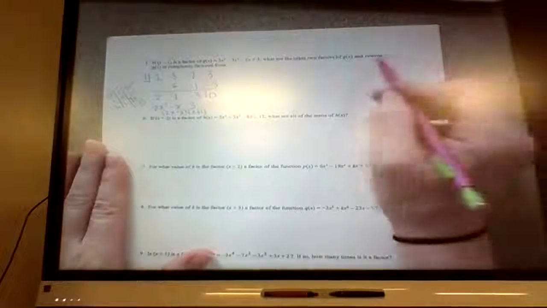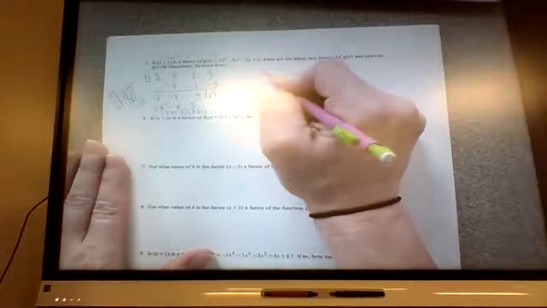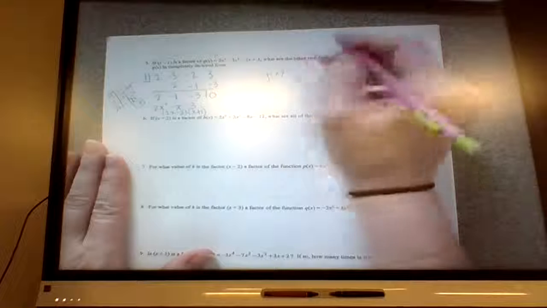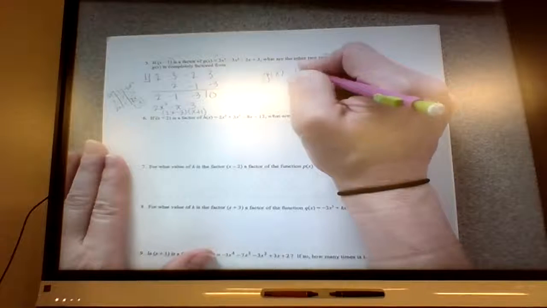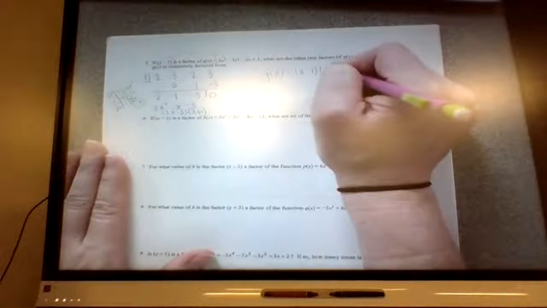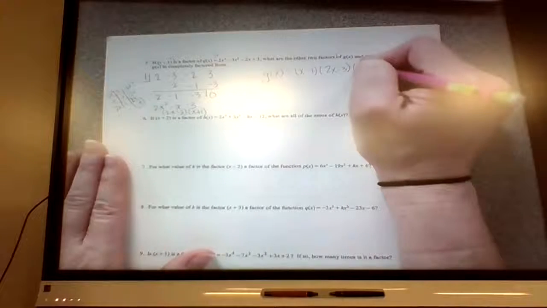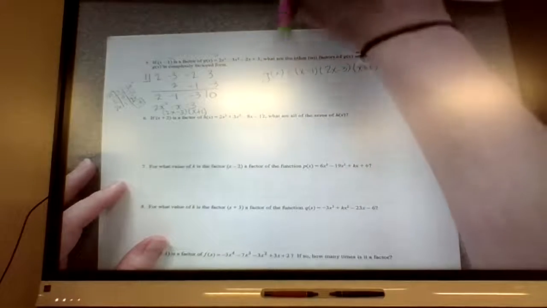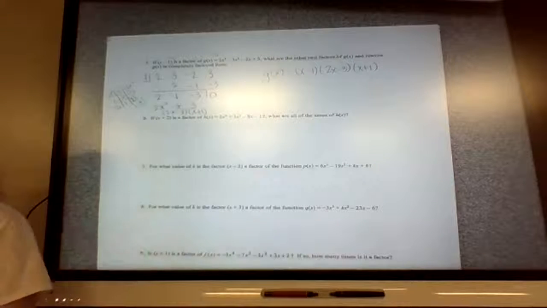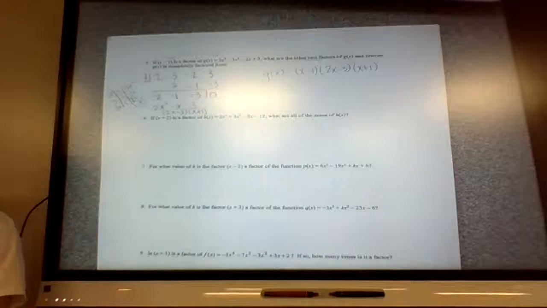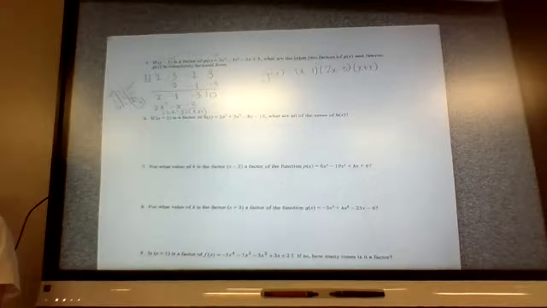And then it says rewrite g of x in completely factored form. There you go. We're going to skip 6.